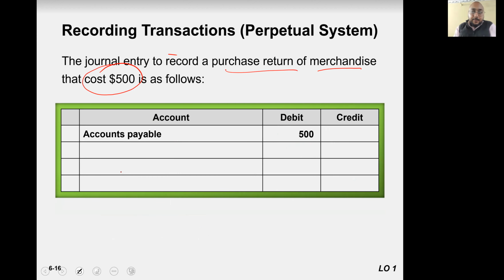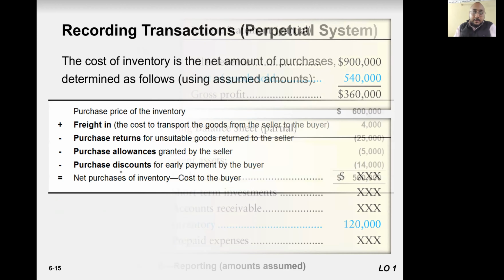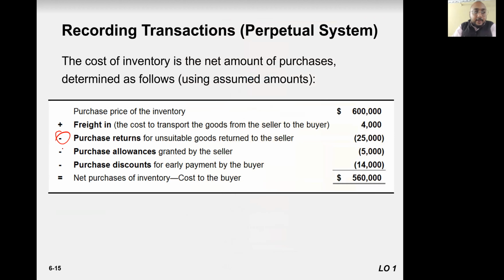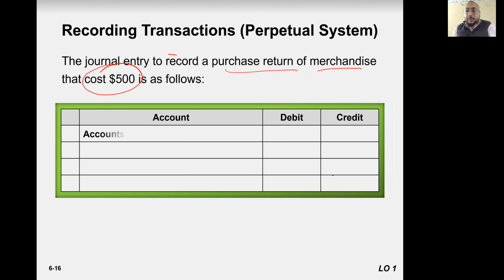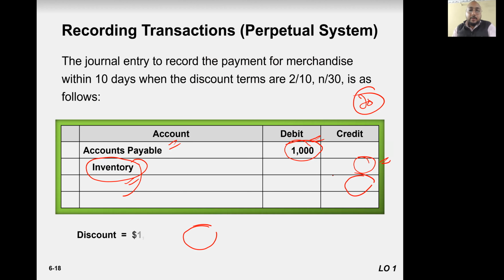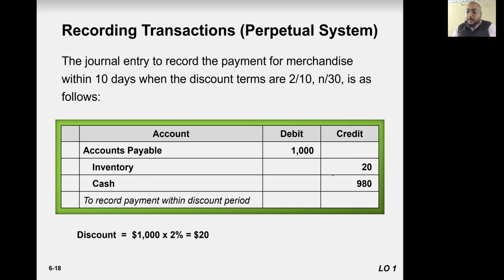Here we go. Remember, all the decreases in inventories will be decreasing the cost of inventory. So a decrease in inventory is credit. Here we go. So we receive a 20 discount. The discount decreases the inventory. All right, everyone.